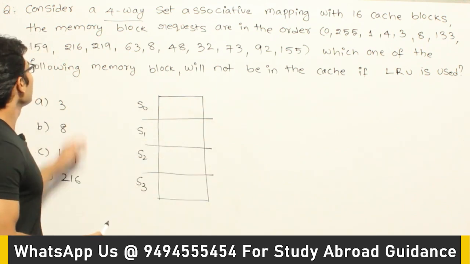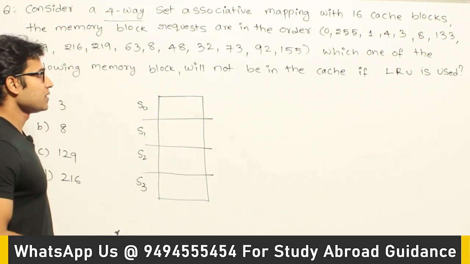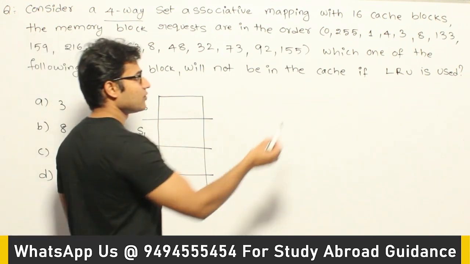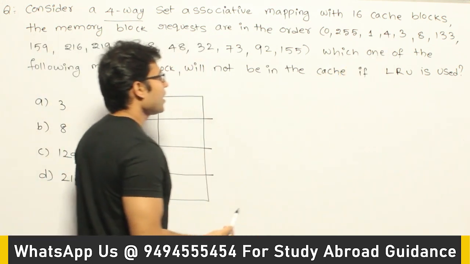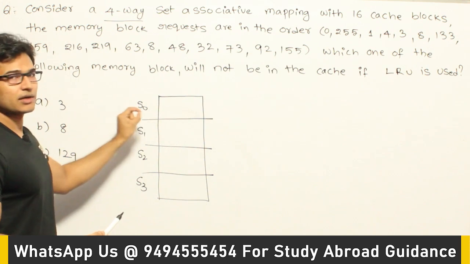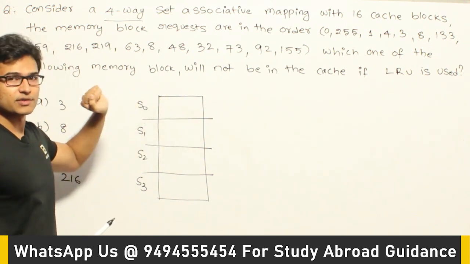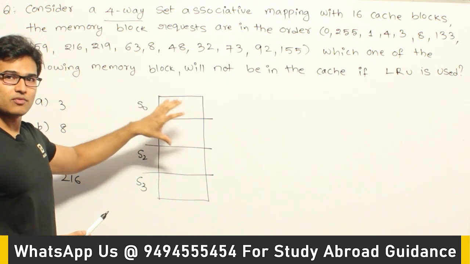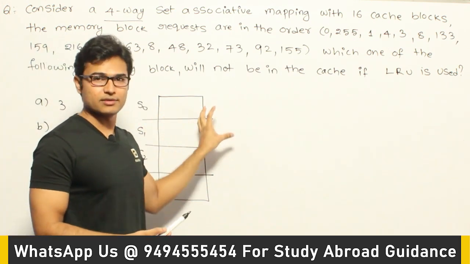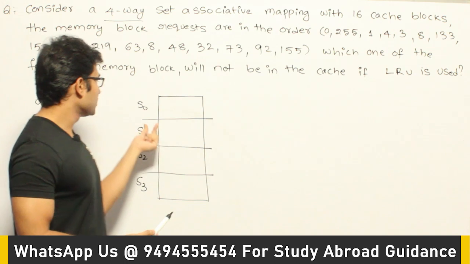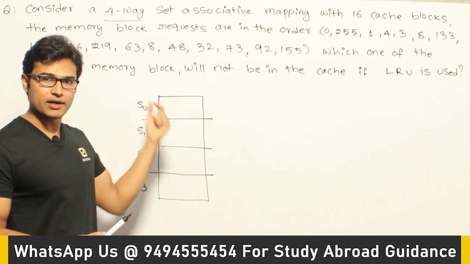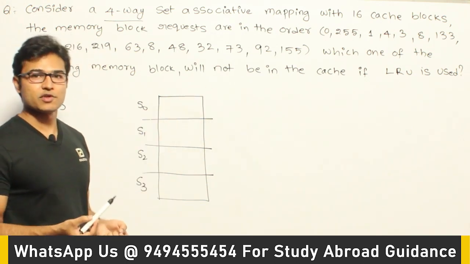Now the main memory blocks are in the request, and the requests are given like this: 0, 255, 1, 4, like this, and we are supposed to place them in the correct cache blocks. But before deciding which cache block to put it in, we have to decide which set each one falls in, right? Therefore we are going to use 2 types of mappings here.